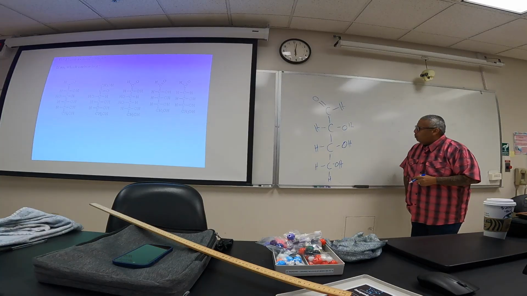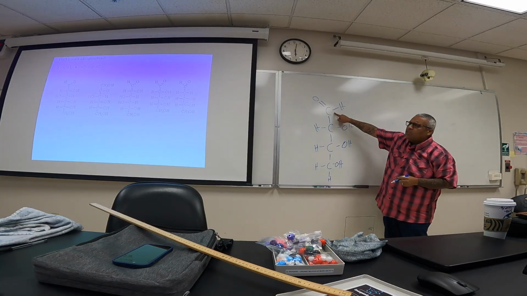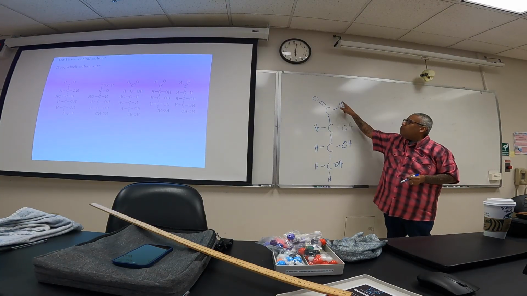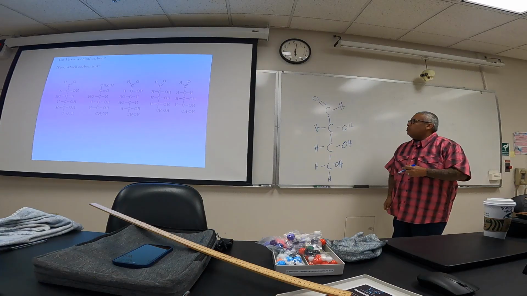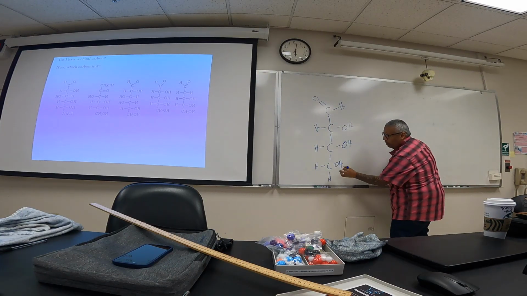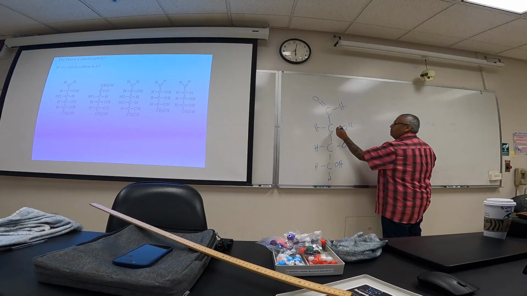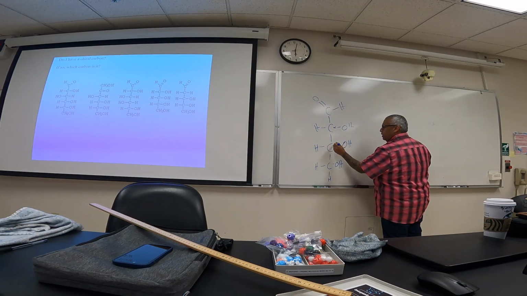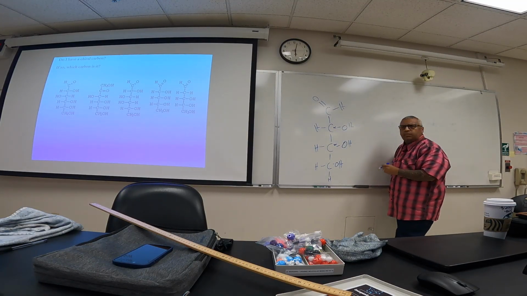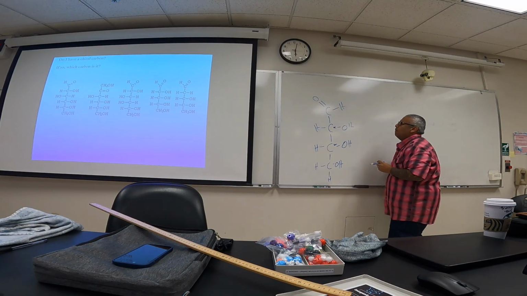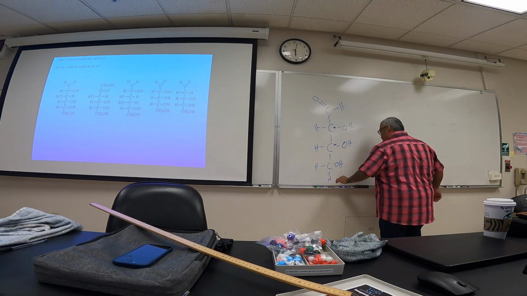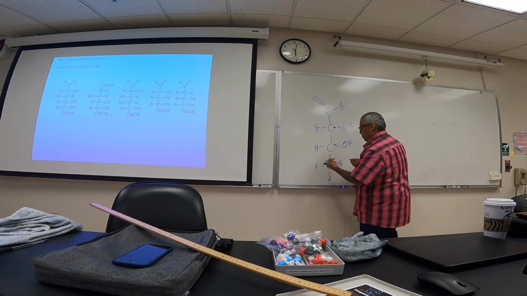So how do we go about identifying this, right? This only has 3 different things it's bonded to, so this is not chiral. I noticed 2 hydrogens down here, so this is not chiral. So now I have to decide between this and this to see which one is chiral. I'm going to use a different marker color for this one.